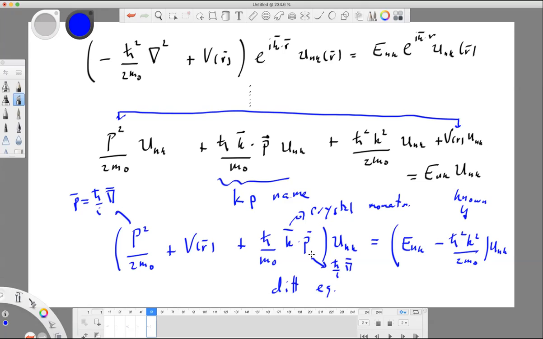Okay, so that's something that's very confusing when you see this theory for the first time. The distinction between P and HK. Okay, one is an operator, the other one is just a parameter of the equation. Okay, is this clear?